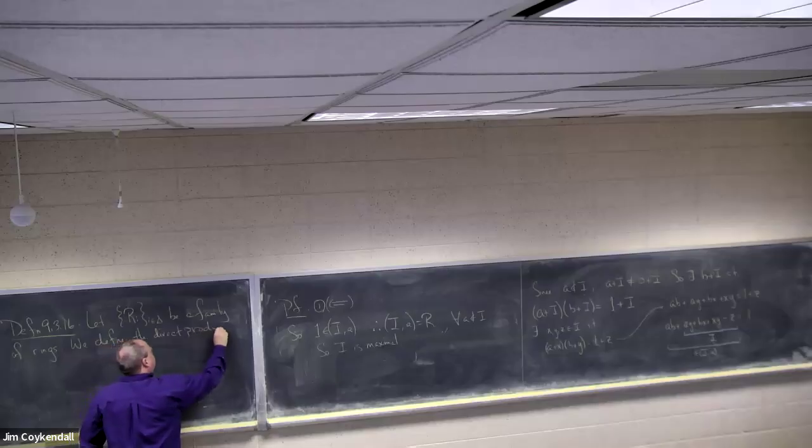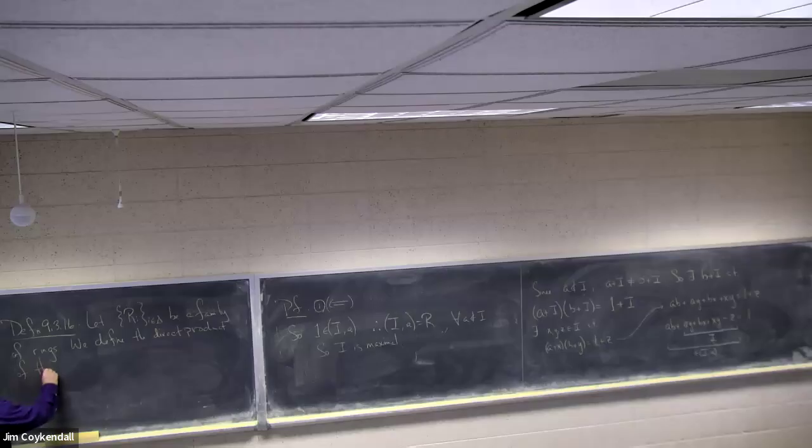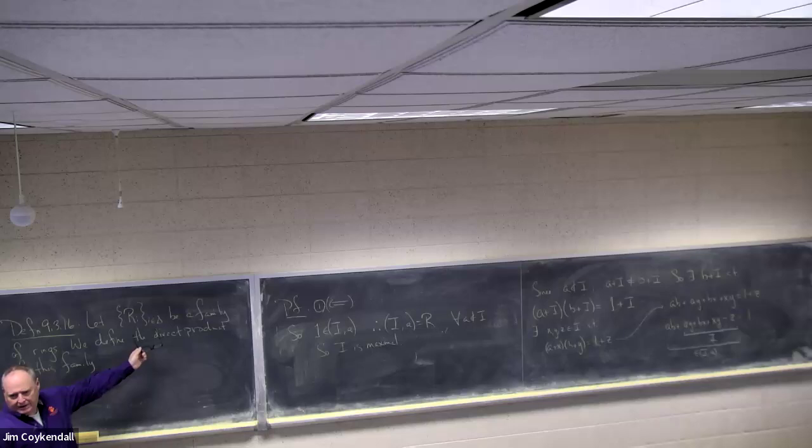Is a family a different mathematical object than a set, or are we just using it? A collection, but I didn't want to get into that discussion. Yeah, so this is just a collection of rings, it doesn't matter, the index set can be finite, countable, uncountable, whatever you want.